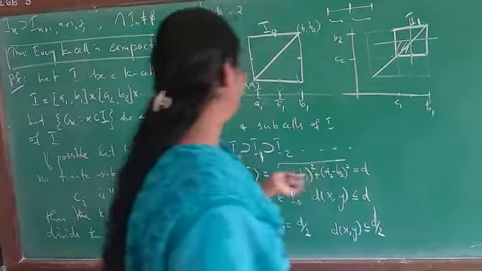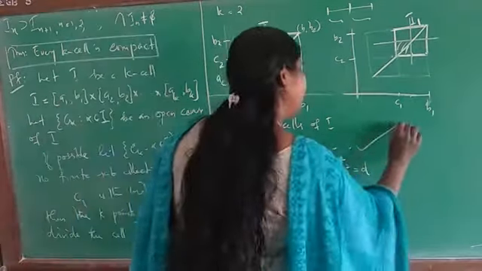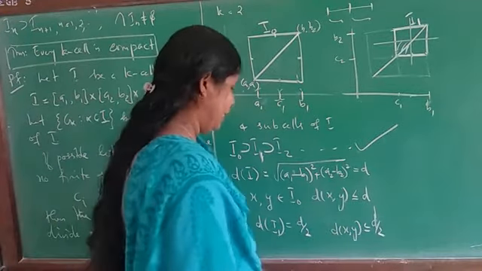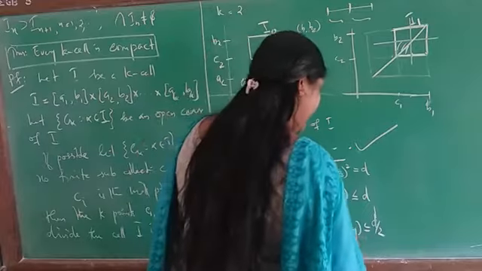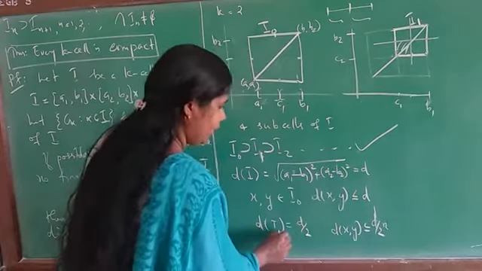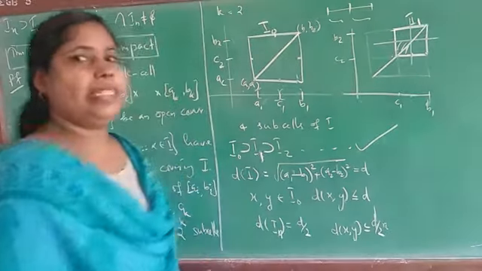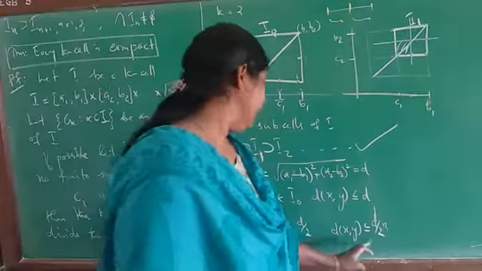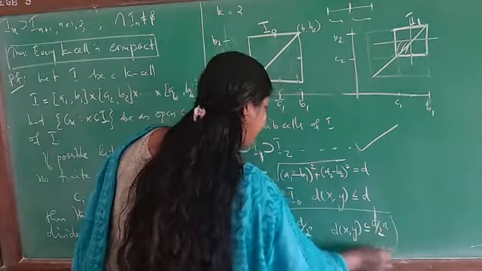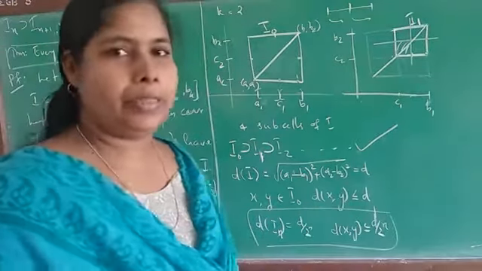So in that way the diameter is also reducing. We have a sequence of cells satisfying this condition. If we consider the nth cell, we have this result: for any 2 points in In, dxy is less than or equal to d by 2 raised to n.